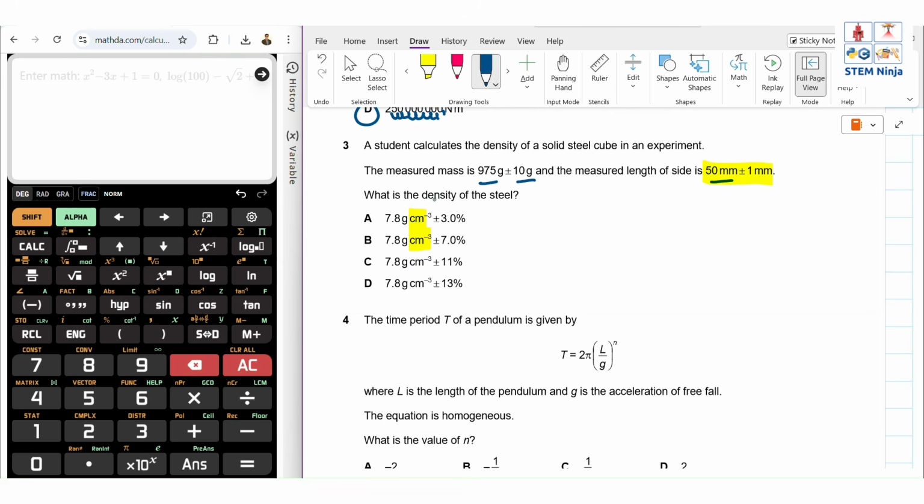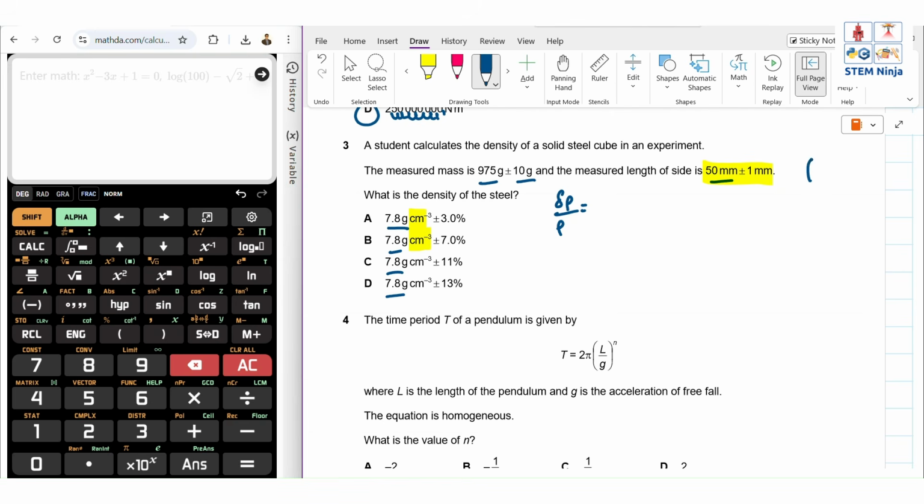So if we do the calculation for density, we will have to convert this into centimeters. However, we don't really need this right now because all of these are 7.8 grams per centimeter cube. So we don't need to do the calculation for density. We just need the fractional or the percentage uncertainty for that.